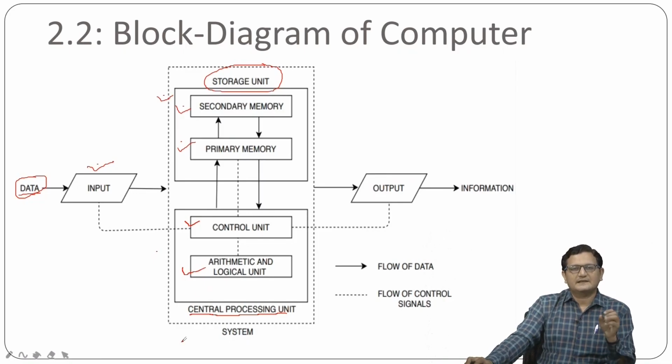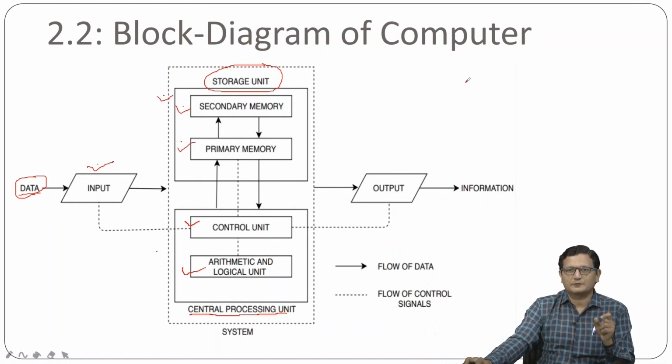So this part of the central processing unit, called ALU, or arithmetic and logical unit, has so many different types of circuitries. Fine. And let's suppose I have written an instruction like 2 plus 3. Right.